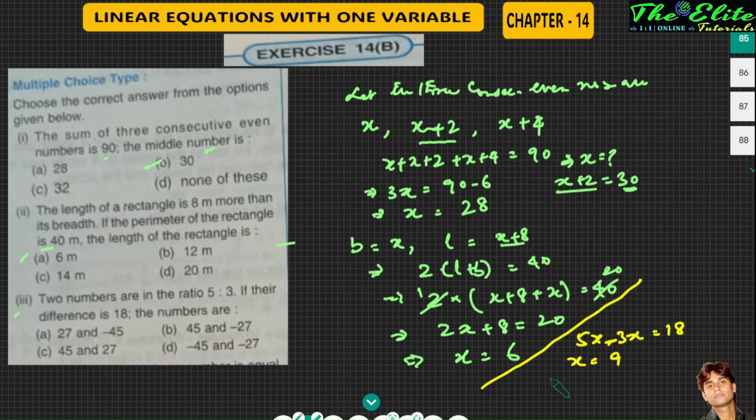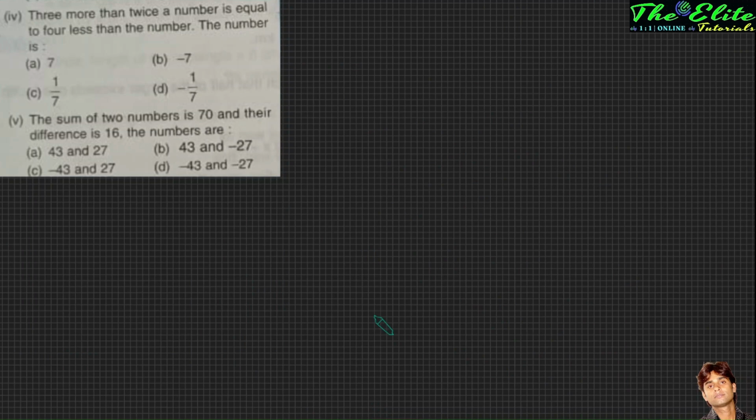The numbers will be 9 times 5, which is 45, and the other number is 27. So 45 and 27 is the answer. I'm being a little quick with the math, but it is very easy.